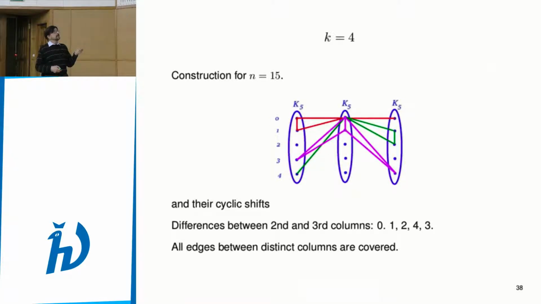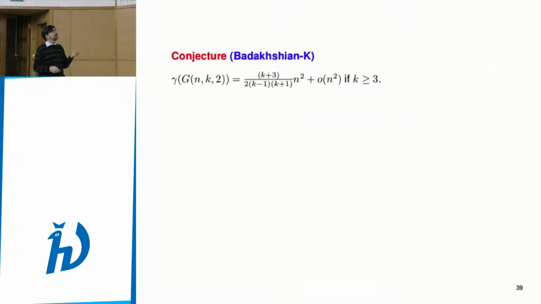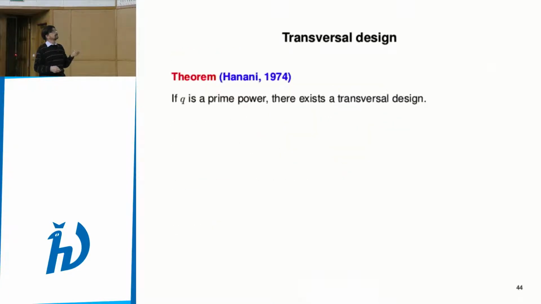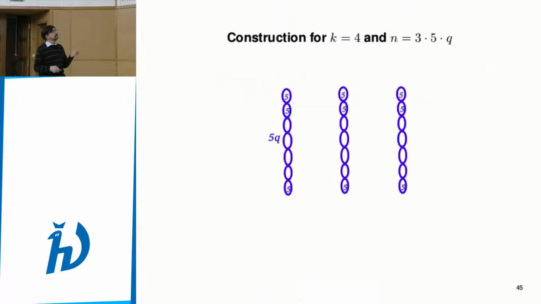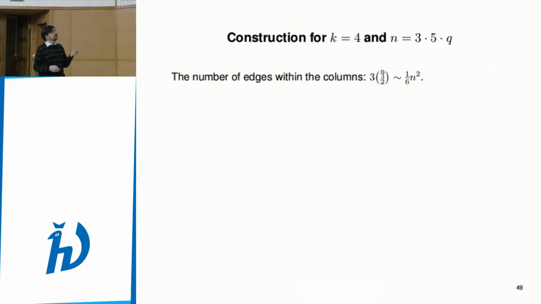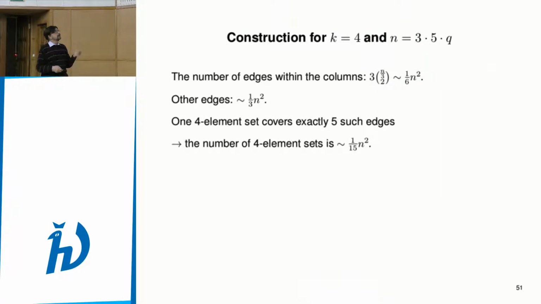So a 4-element set covers this edge, this edge, this edge, and this one. So it covers 5 edges.